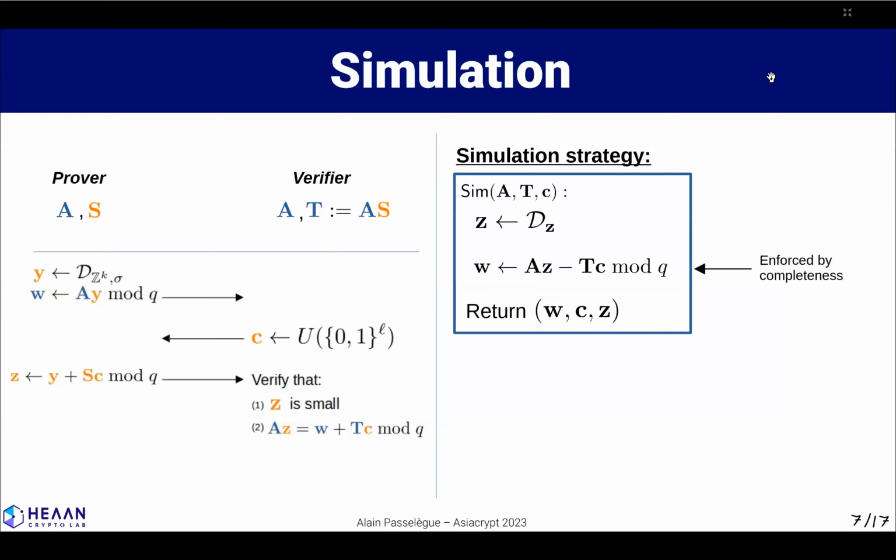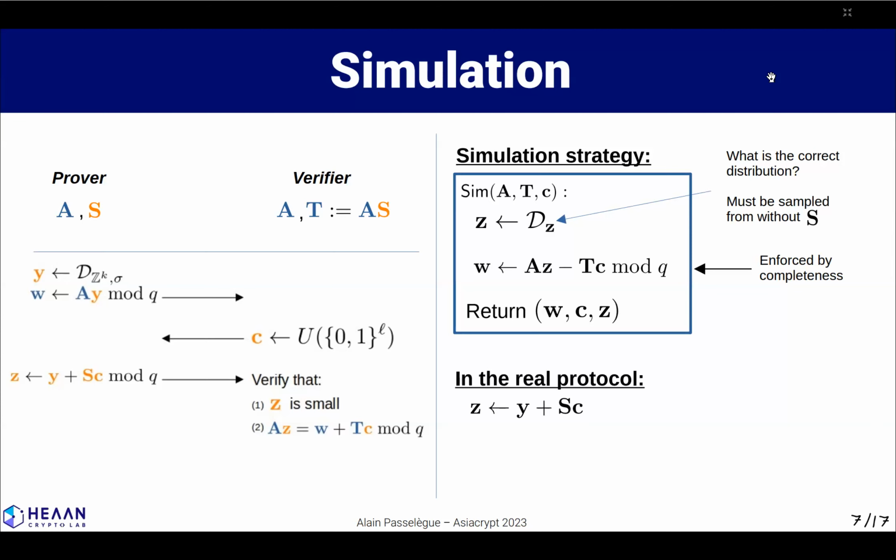And then the question is just how do you sample Z? So you want to sample Z that has a proper distribution. You want to do it without the secret because you don't know it. So, okay, let's check with the protocol. So in the real protocol, Z is Y plus S C. And so Y is a Gaussian distribution centered at 0.